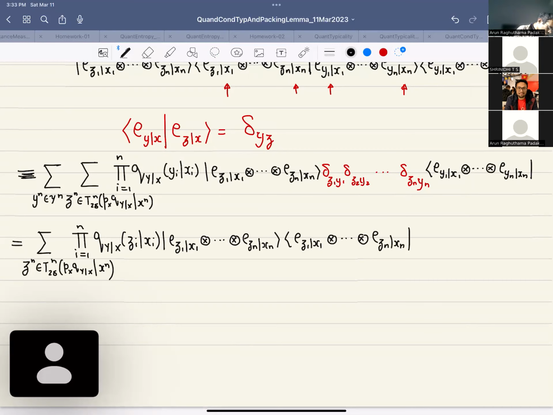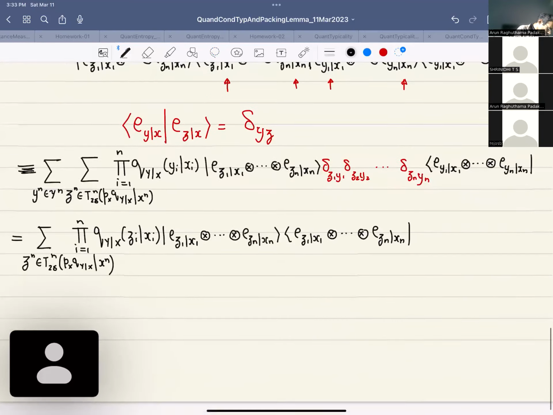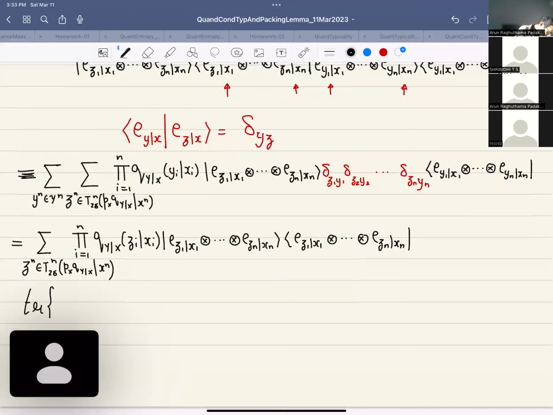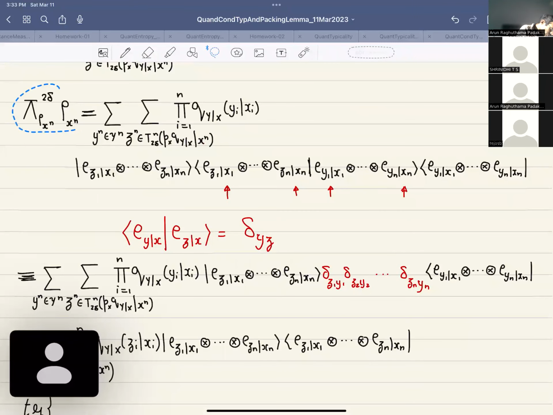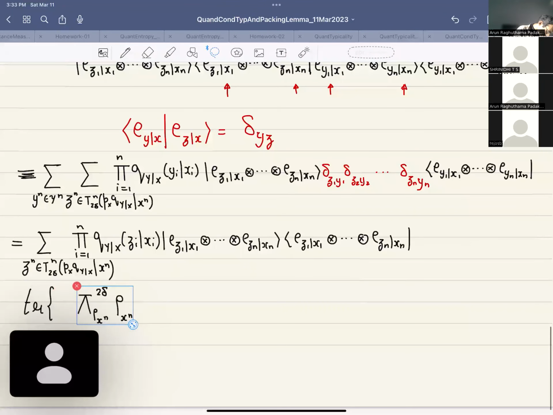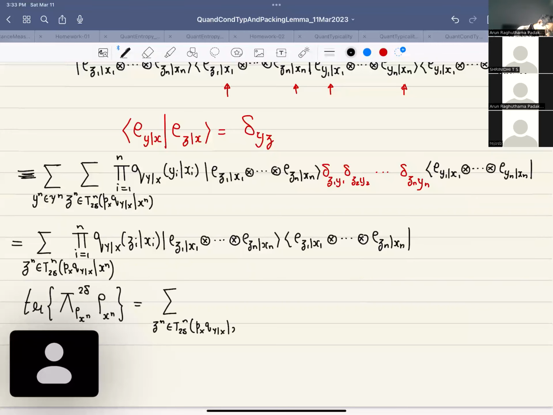And I have just computed the operator, and now I have to do the trace. So when I do the trace of this object, the outer product switches as an inner product, and I will have exactly what I had in the classical case: sum over xn in T 2 delta n P_x, Q_y given x of xn, product i equal to 1 through n of Q_y given x of zi given xi.